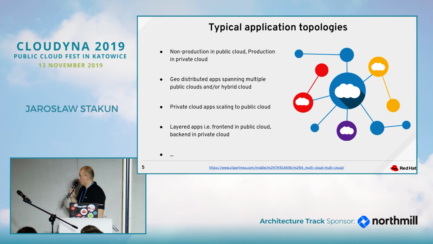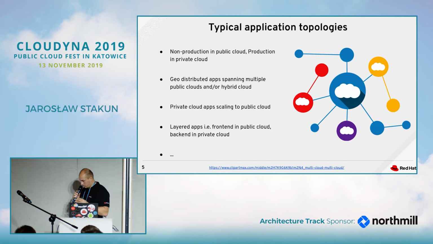And there are a couple of good examples, so retail and banking, so you probably have heard today some of them. And another also quite interesting use case is when you have a large application, but you create some layers.